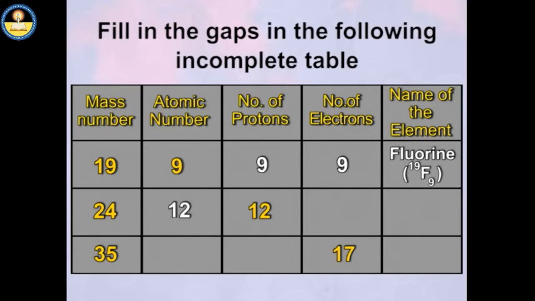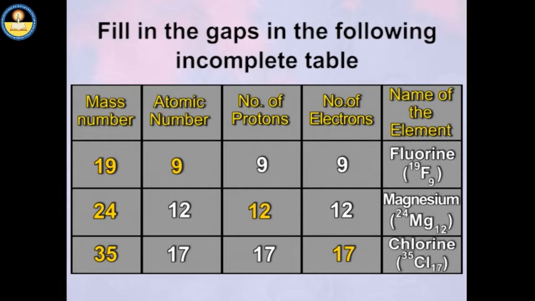Number of electrons equals number of protons equals 12. Name of element equals magnesium. Number of protons is equal to number of electrons equal to 17. Atomic number is equal to number of protons equal to 17. Name of element is equal to chlorine.